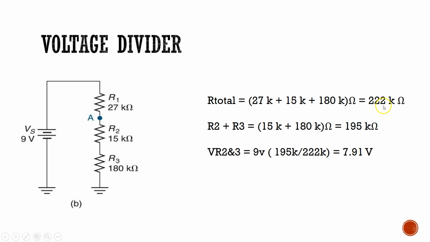We have the total resistance, and then we want the portion that's just across R2 and 3, which is 195K out of 222K. So we take that times the 9 volts, and we find from point A to ground is 7.91 volts.